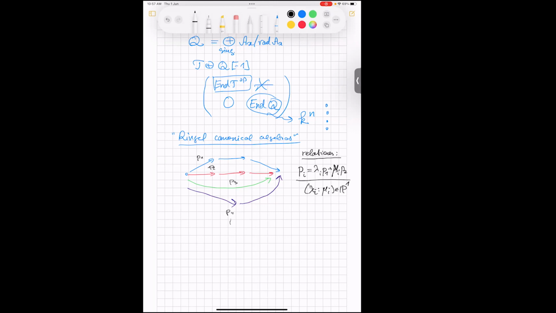We can have not one, but several components. This is one component.